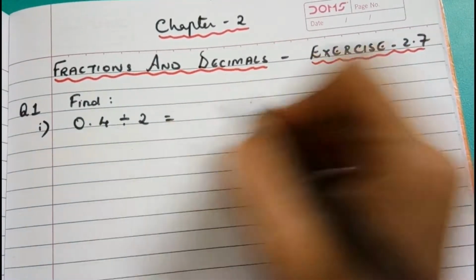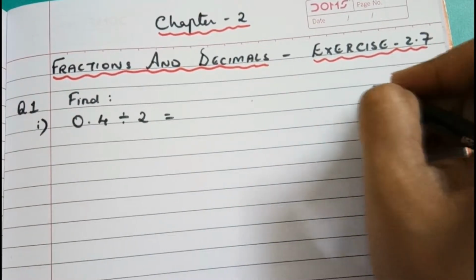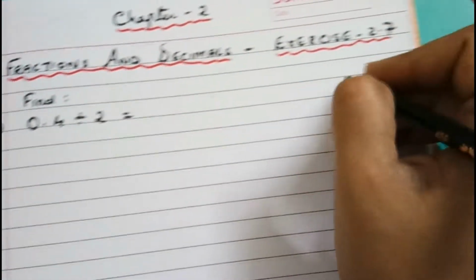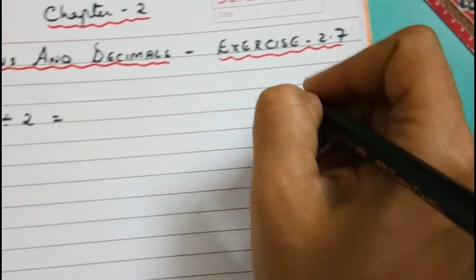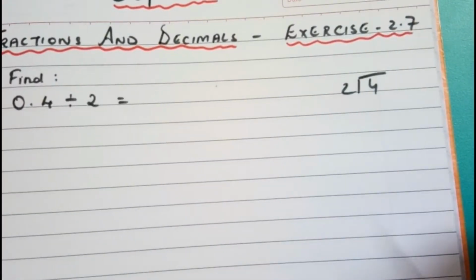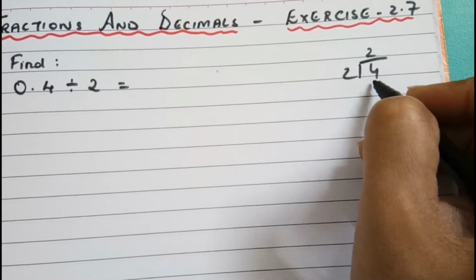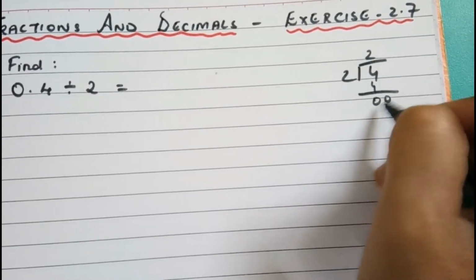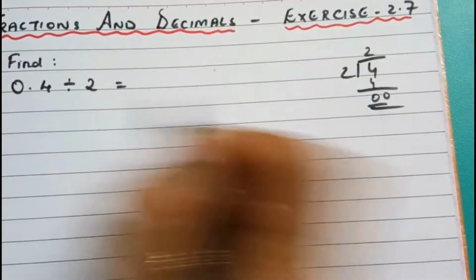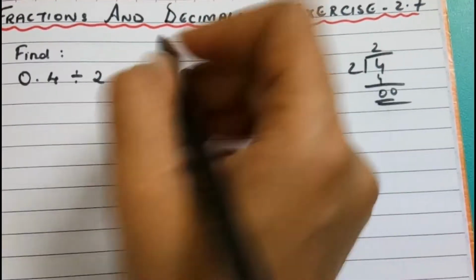Here, how will we do the calculation? 4 divided by 2. Simple. 2 will go in 4 how many times? 2 times. 2 twos are 4, remainder is 0. So what is the answer here? 2.